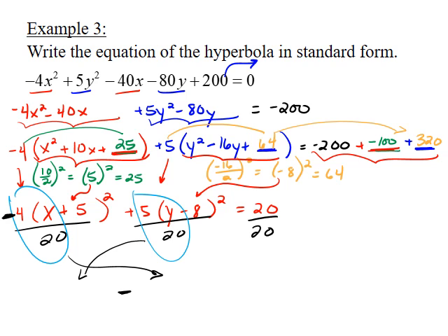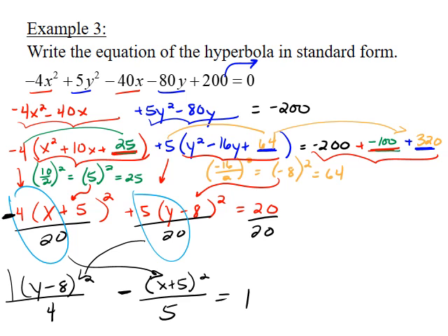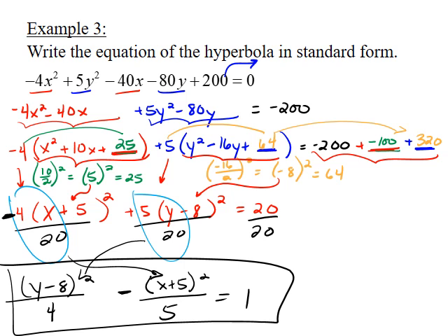Okay, so my final answer will become y minus 8 quantity squared divided by 4 minus x plus 5 quantity squared divided by 5 is equal to 1. And that's my final answer.